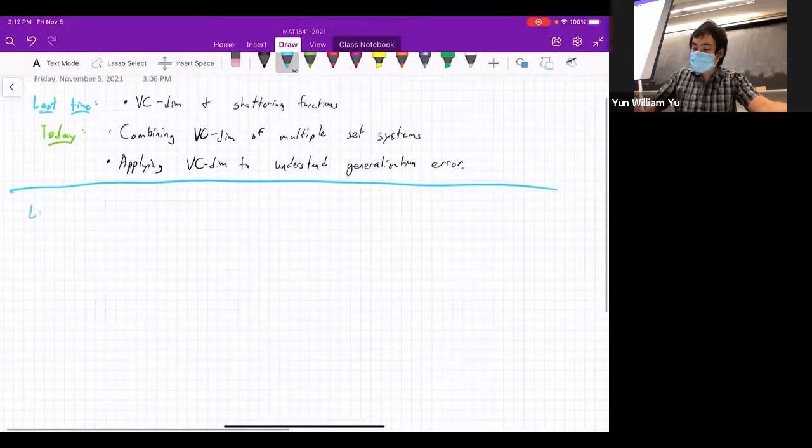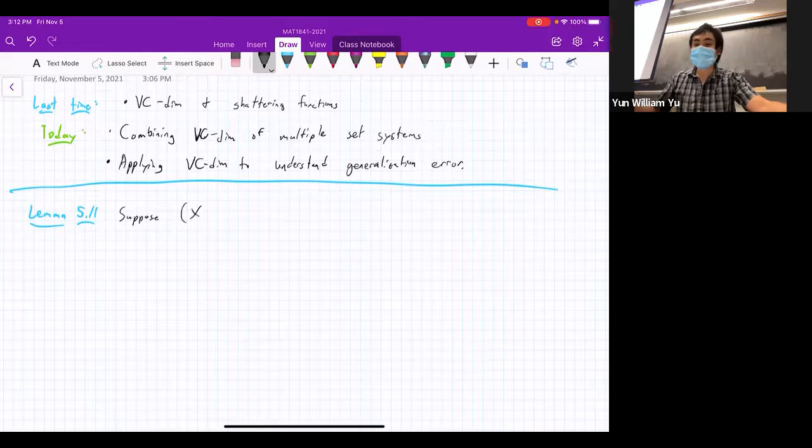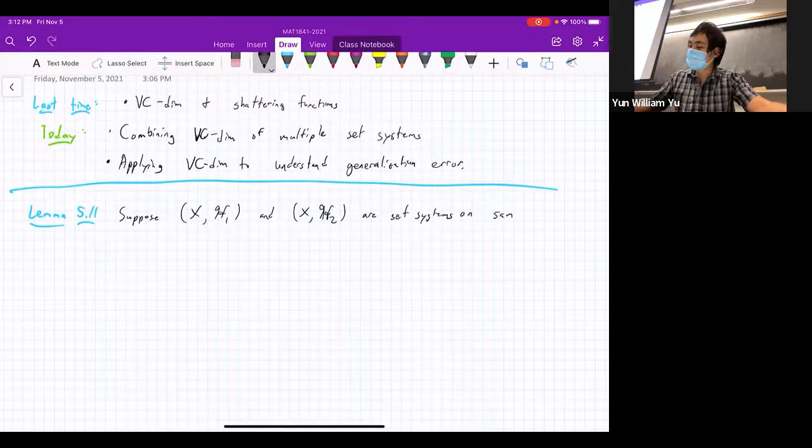This is Lemma 5.11 in your textbook. Suppose we have two different set systems on the same set, (X, H1) and (X, H2).